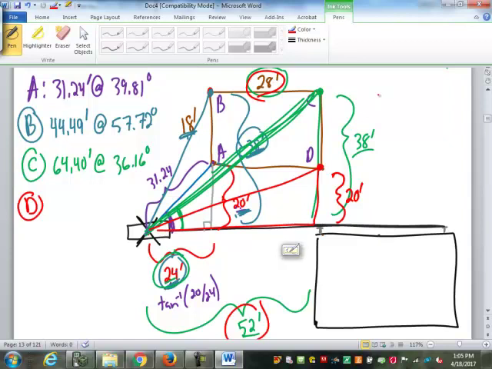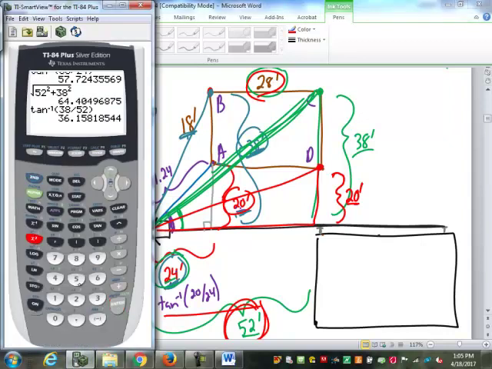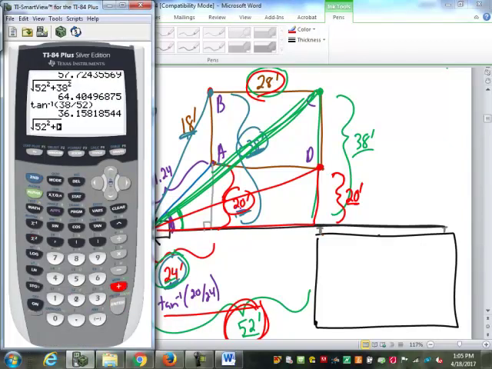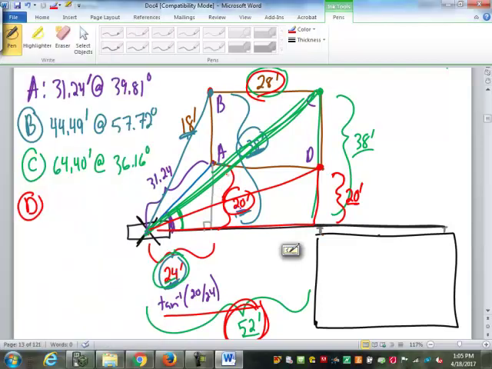So this here now, this is still 52 this way, but it's 20 this way now. We're back down to the original 20 because we're back to this corner. So that's going to be the square root of 52 squared plus 20 squared. 55.71 feet.